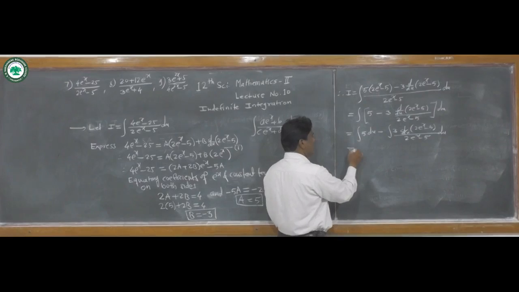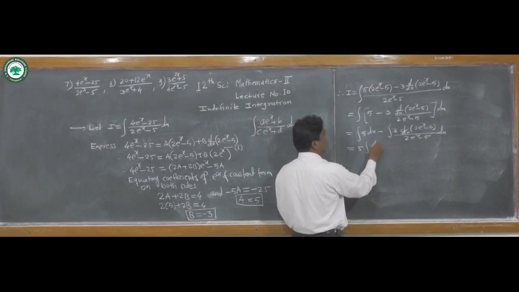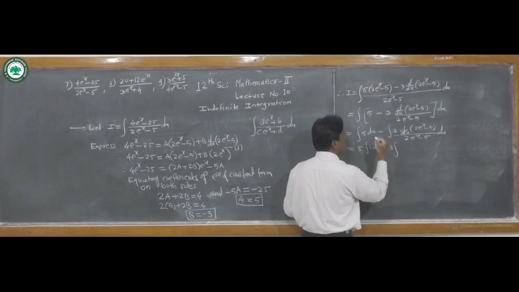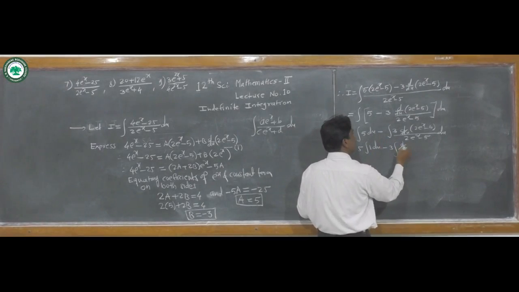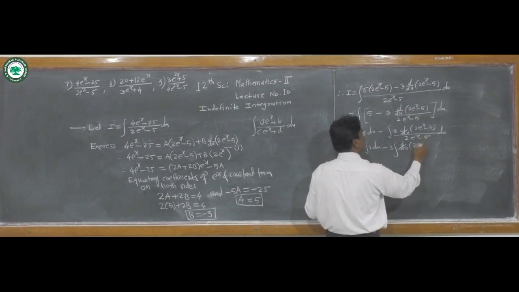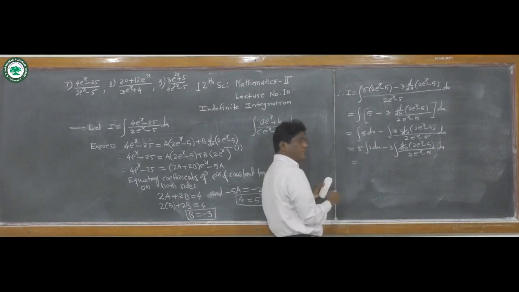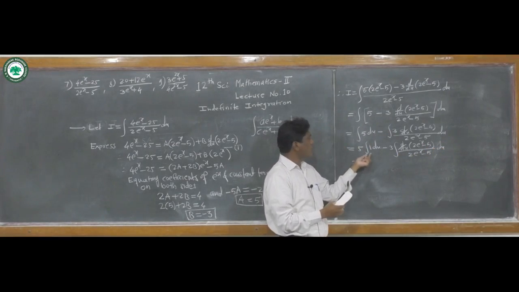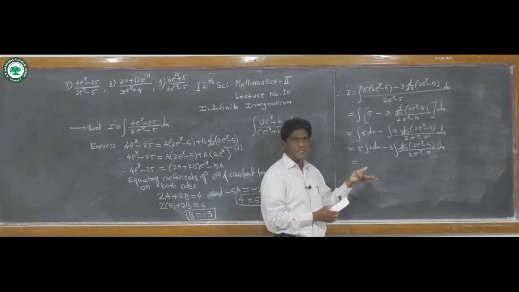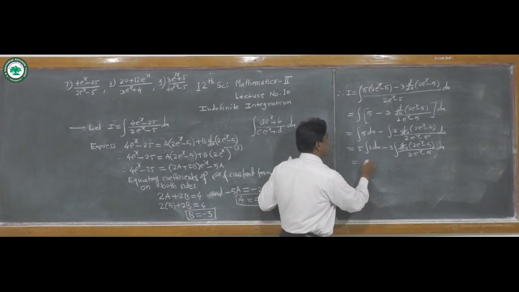So we get 5 into integration of 1 dx minus 3 into integration of d by dx of 2 to the power x minus 5 divided by 2 to the power x minus 5 dx. And now here we take integration using the standard formula. What is integration of 1 dx? It is x. So 5x.